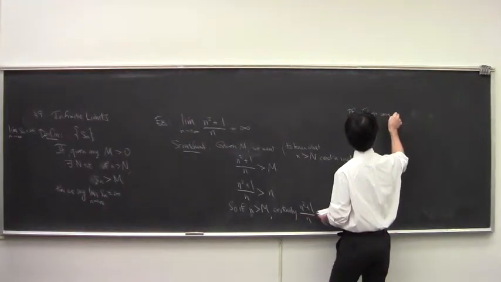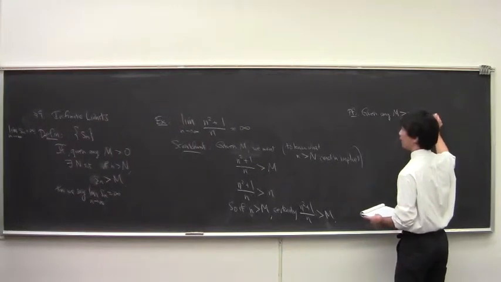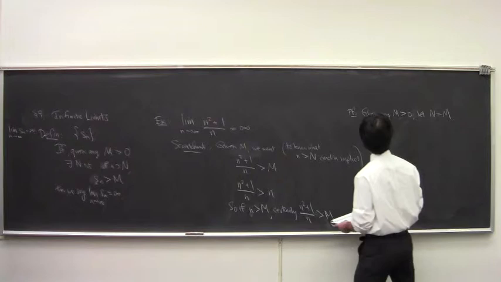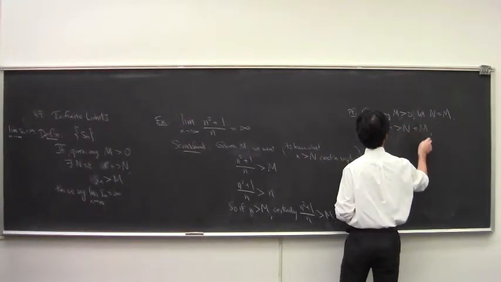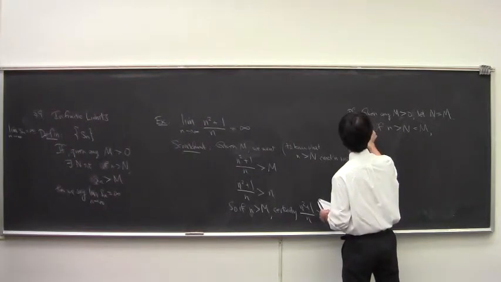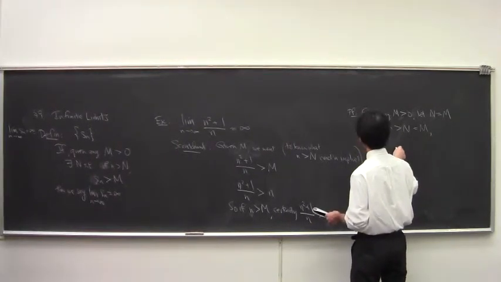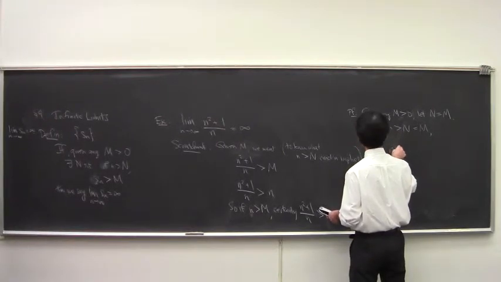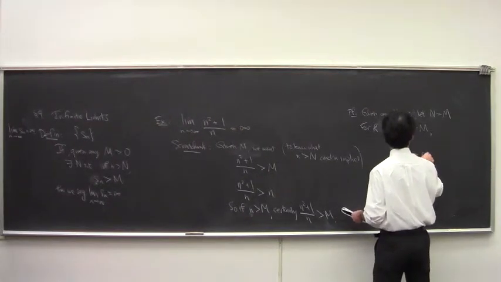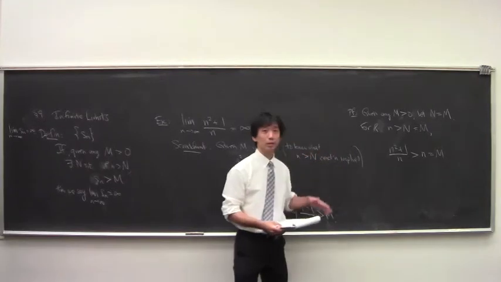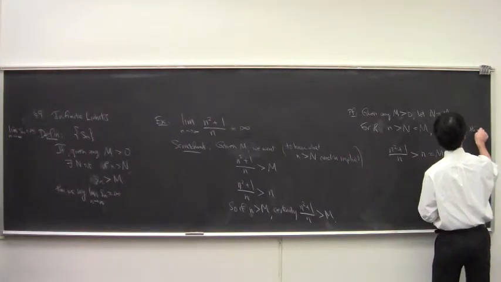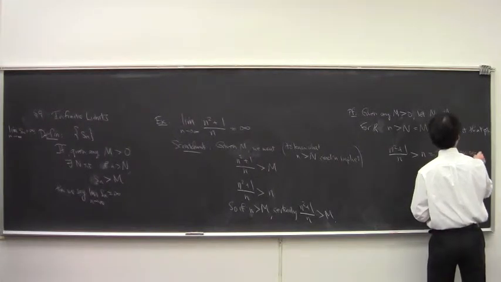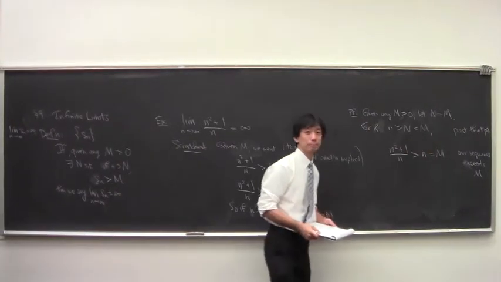Given any M, let N just equal M. If n exceeds N, which equals M, then n squared plus 1 over n exceeds n, which exceeds M. So past that point, our terms are all over the bar, our sequence exceeds M.